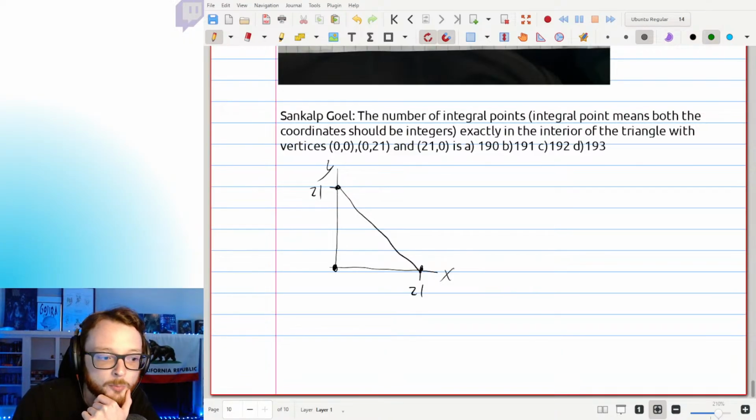Only the third point is restricted, because we could choose, say, that point.